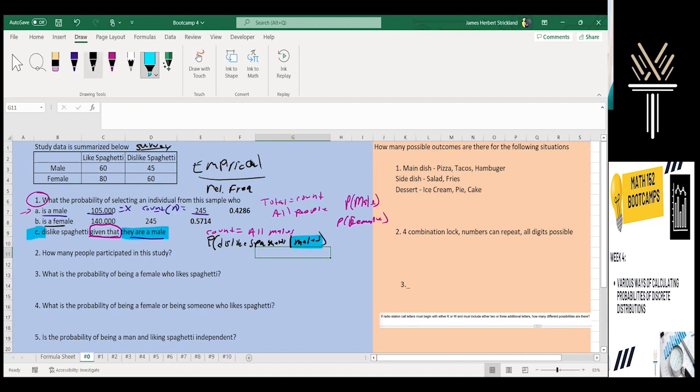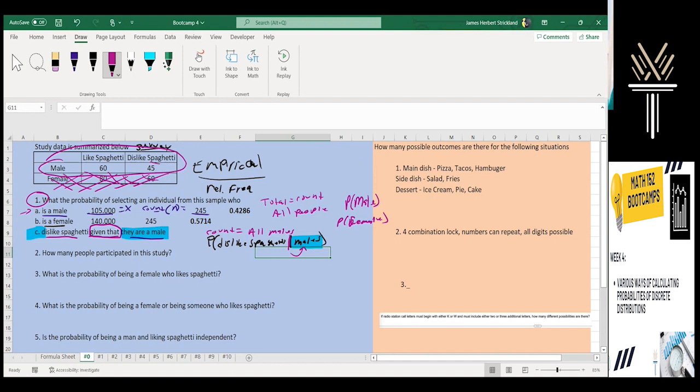And so whenever you see a straight line like this right here, they're telling you that they're changing the denominator from all people or all things to whatever that subcategory is. So we're only looking at the male group. We're essentially saying that this other group doesn't exist. If we only look at males, how many of them dislike spaghetti?